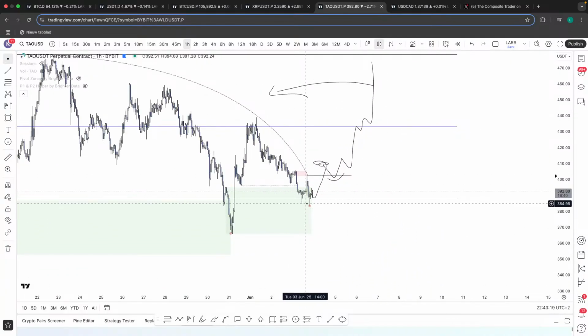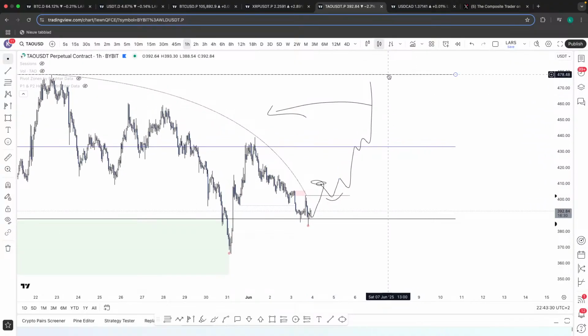That will validate this already as a good location for a third tap. So you just need the break of structure. If you can come above this high, then we can look for retracement longs for a target of 480.